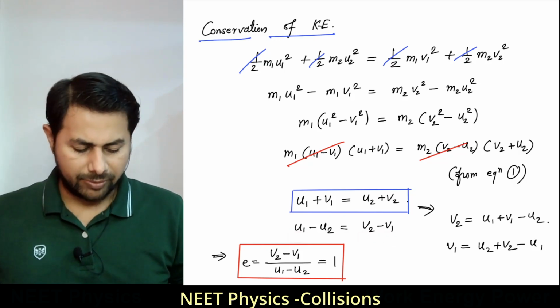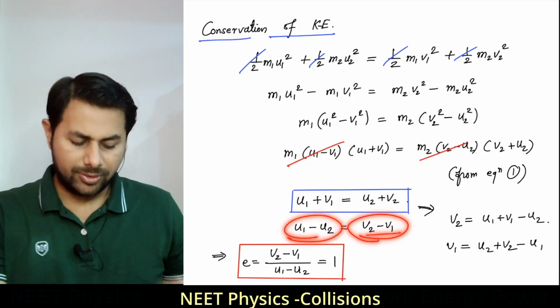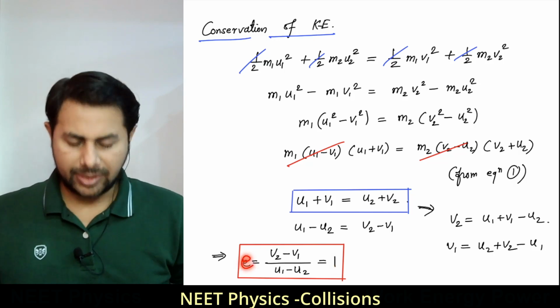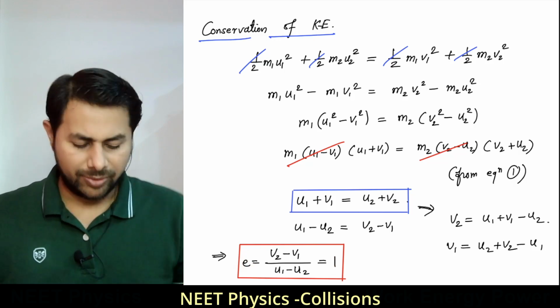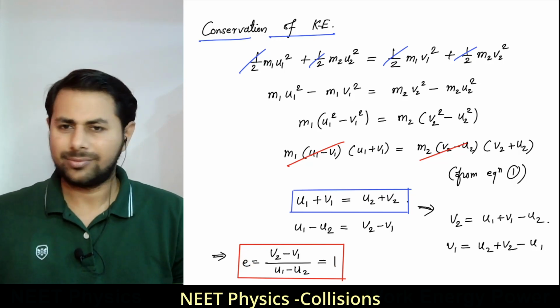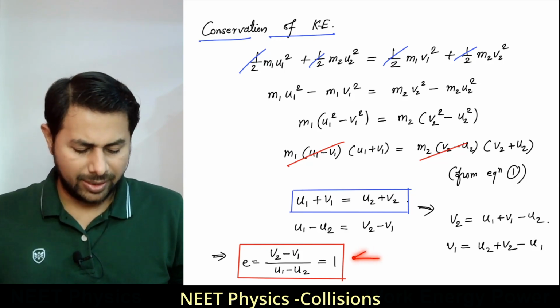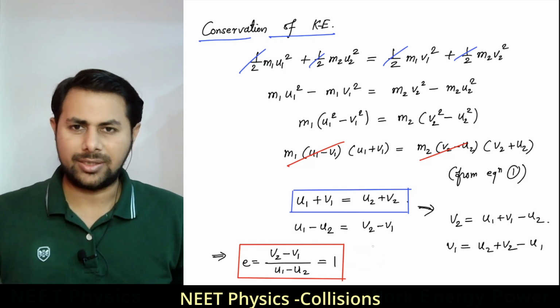If we divide v2 minus v1 by u1 minus u2, what do we get? We get 1. So the coefficient of restitution in case of perfectly elastic collision is equal to 1. This we need to remember: for perfectly elastic collision, the coefficient of restitution is equal to 1.